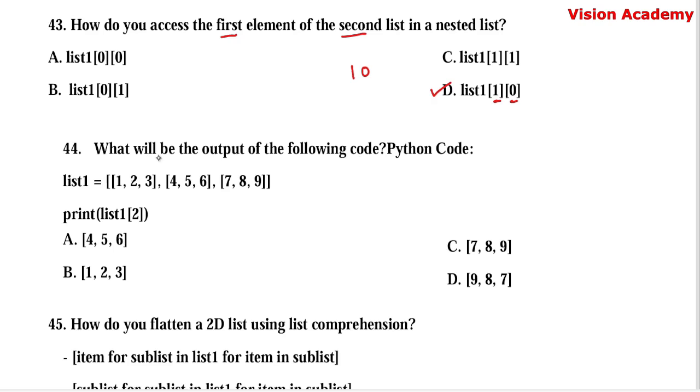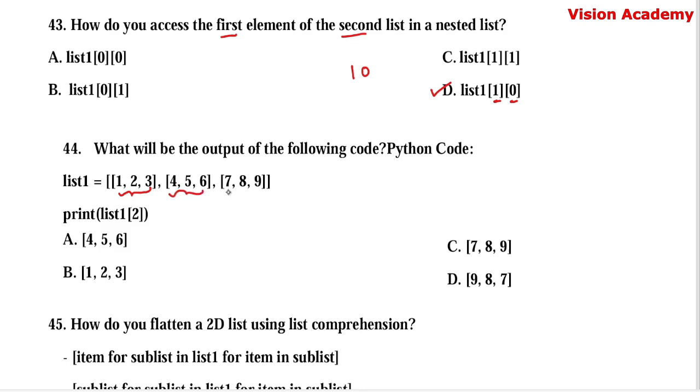Question number 44. What will be the output of the following code? Python code: list1 = [[1, 2, 3], [4, 5, 6], [7, 8, 9]]. So these lists are called nested lists.